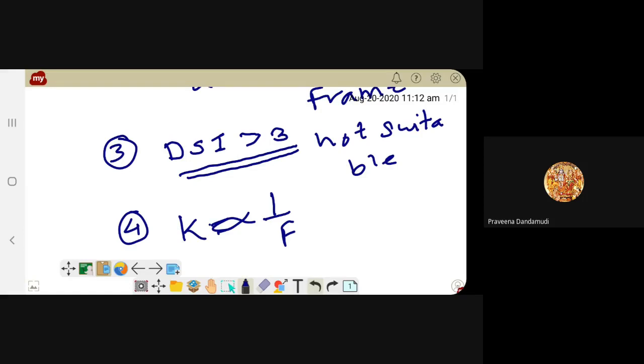You can write in this way: flexibility is inversely proportional to the stiffness matrix. Okay, you just write down the fourth point. The flexibility matrix is inversely proportional to the stiffness matrix, and vice versa.